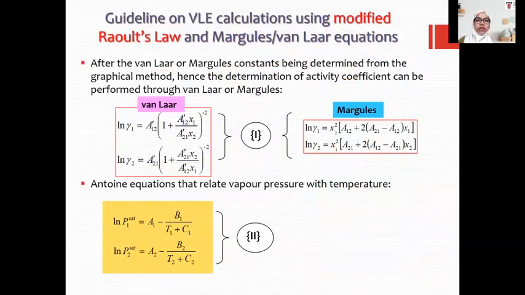Okay, this summarizes, or provides the guideline of, VLE calculation using the modified Raoult's law and the Margules-Van Laar equation. So the Van Laar equations are listed here, and we have learned about the Margules equation. So next we can compare or have the Antoine equation in determining the saturation pressure.